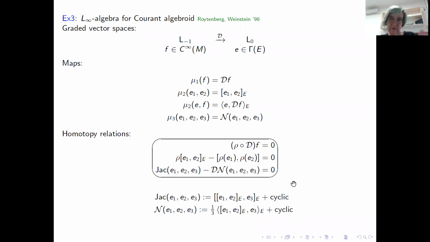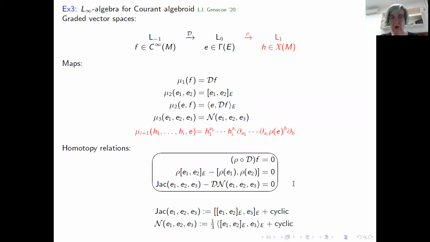We wanted to reverse the approach and say, given this L-infinity algebra, we just extended it, we included basically the tangent bundle in the graded space, and added one map. If you do this, starting from the L-infinity algebra given like this, you will get out a Courant algebroid. So in a sense, we made the construction inverse. We just say, starting from this, I get a Courant algebroid out.